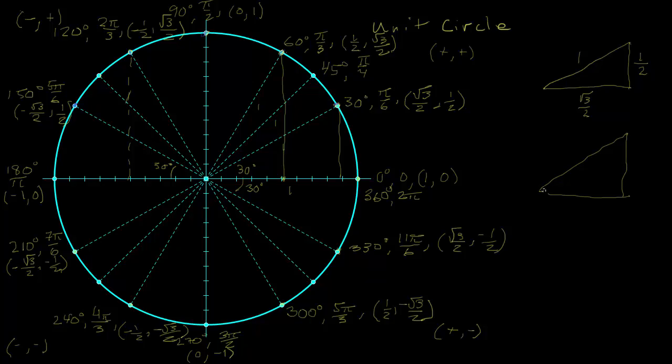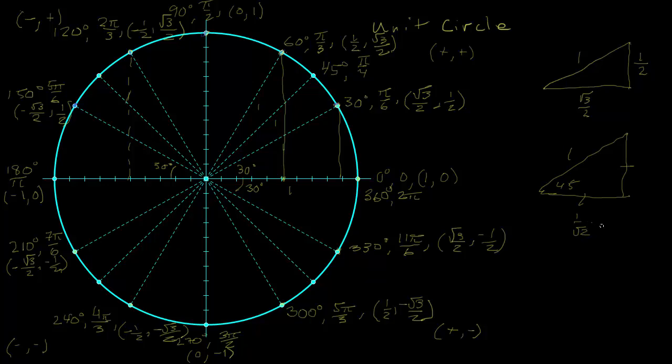If we have a 45, 45, 90, these two angles are the same, and if this is 1, then this is 1 divided by the square root of 2.